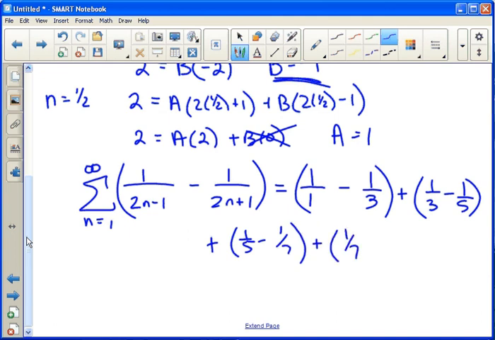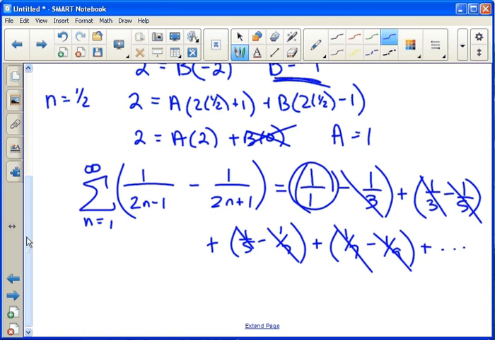Again, I'm just plugging in 1, then 2, then 3, then 4, and so on. And if you notice, these cancel: the negative 1/3, positive 1/3, negative 1/5, positive 1/5, negative 1/7, positive 1/7, and you can bet that from then on everything cancels out. So we are again just left with a positive 1. We know this converges because we saw it was telescoping, and its sum would be 1.